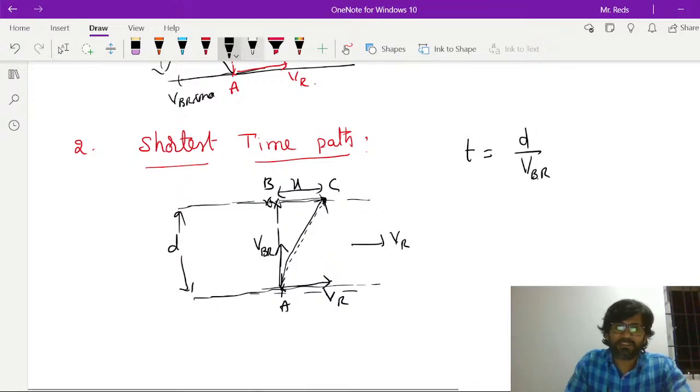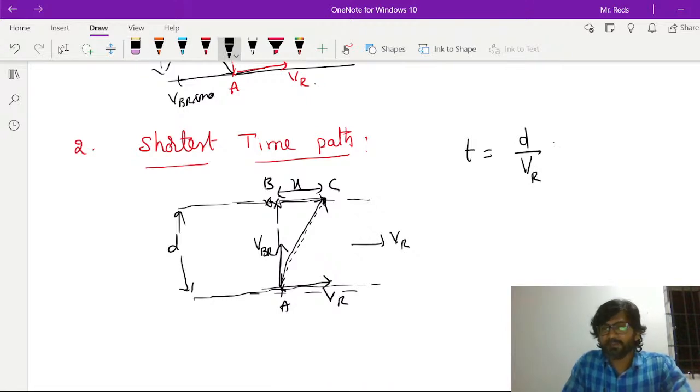So we have to take this component as not VBR, VR only. So d by VR we have to take.